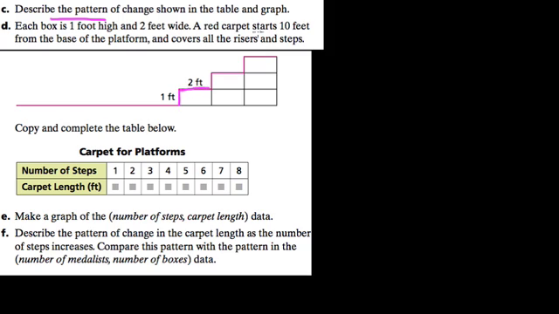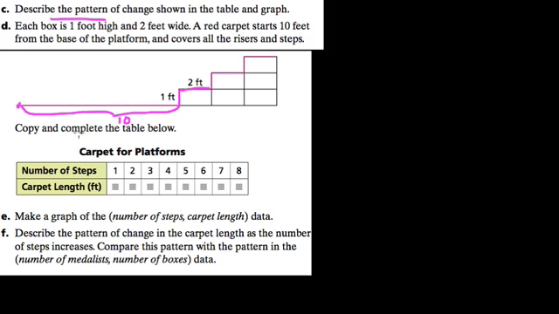And a red carpet starts 10 feet from the base of the platform. So that means that this distance right here is 10 feet. So the carpet has to cover 10 feet plus these platforms right here, and it ends there. It doesn't come down on the far side over there, but it goes right up to the top.